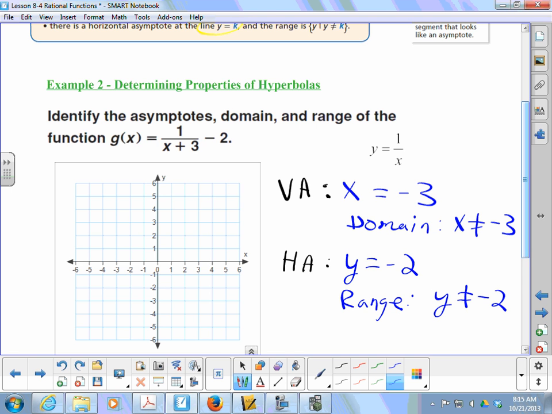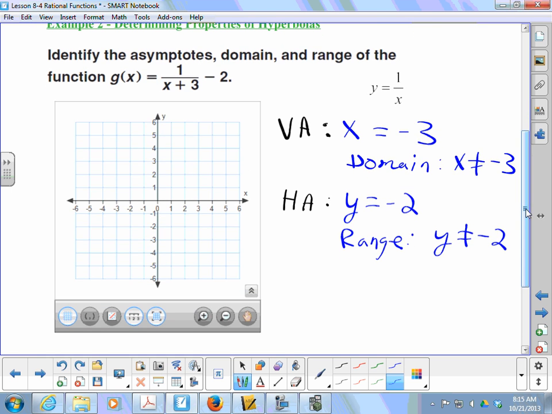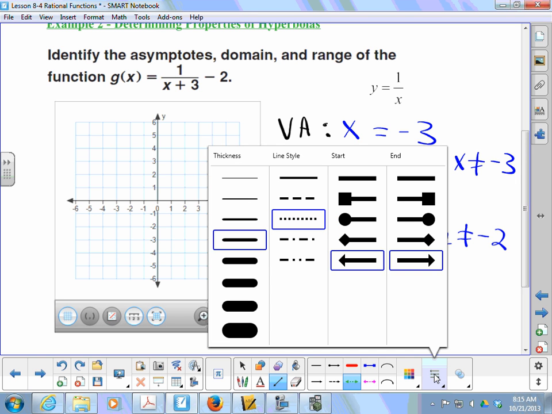Right? So if I want to graph this then, the graphing of this is very simple since there's a 1 here. There's no number in the numerator. So I'm going to draw in my vertical and horizontal asymptotes. That's the first thing I'll do.